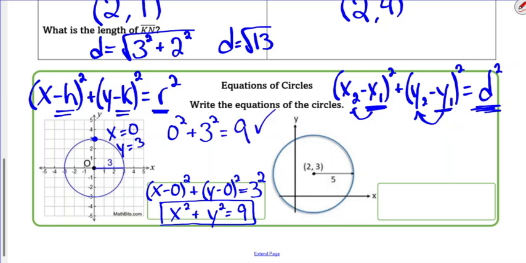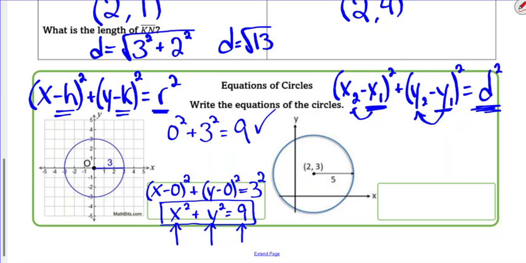That's a point on the circle. You can plug in the x and the y coordinate in here, and if you get this number, that is one of the points on the circle. All the other points are going to be decimals here, so I'm not going to just plug in, but you can plug in any x and y coordinate along that circle to confirm that it actually is in that circle.